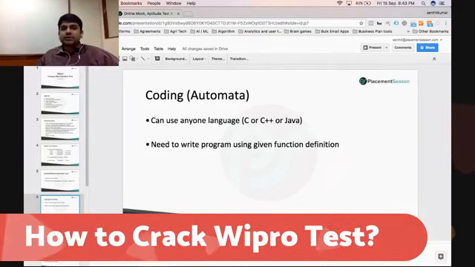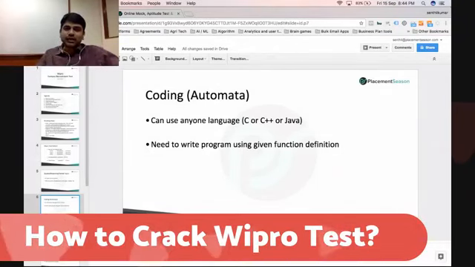In Wipro's test, you will be given a choice of language. You can use either C, C++, or Java. The language doesn't matter because the programs are pretty simple and basic. If you can understand the logic to solve those questions, you will be able to solve them in any of the languages. The key difference here is that you need to write the program using the given function definition.